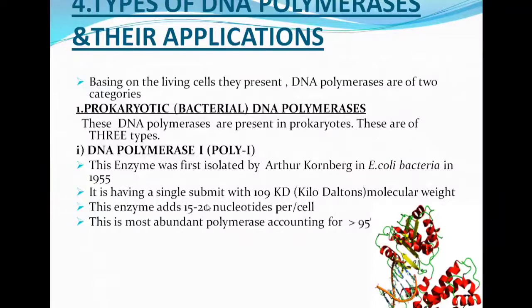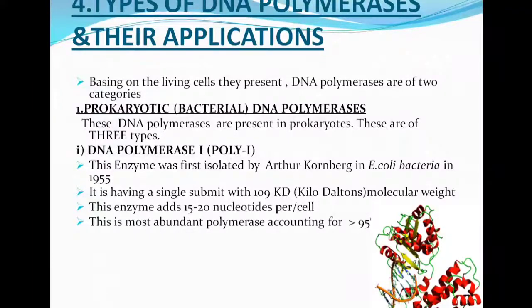It has a single subunit of 109 kD. kD means kilodaltons molecular weight. A single unit having 109 kD molecular weight. And this enzyme elongates the DNA chain in a manner that it adds 15 to 20 nucleotides per second.